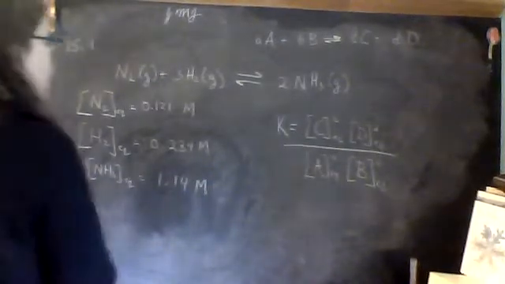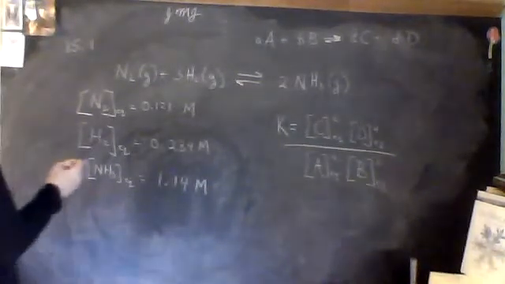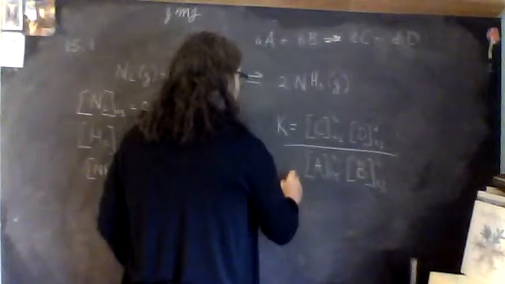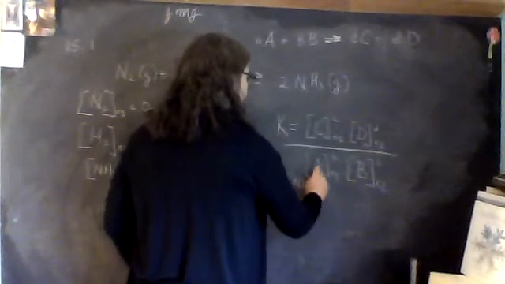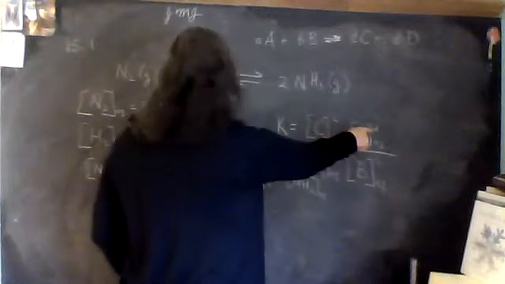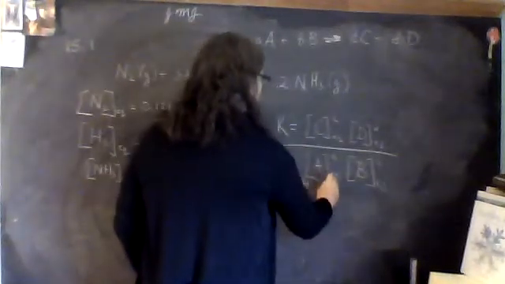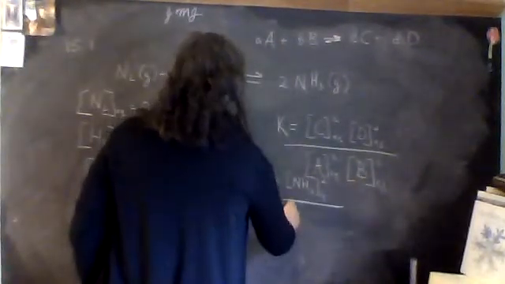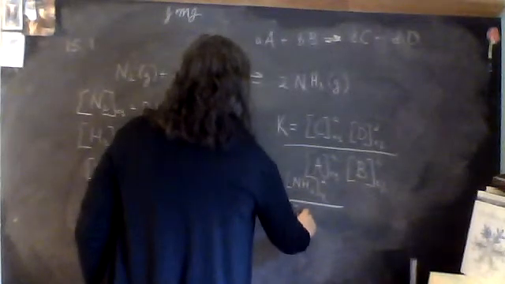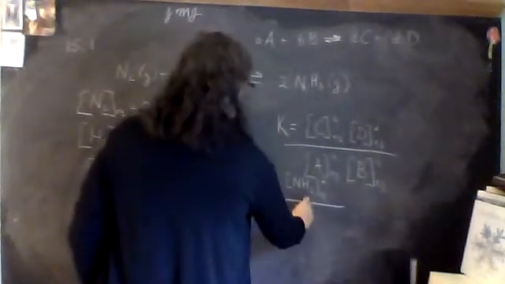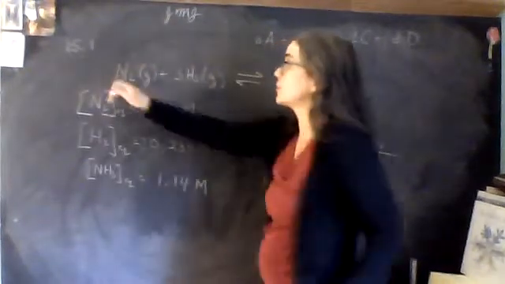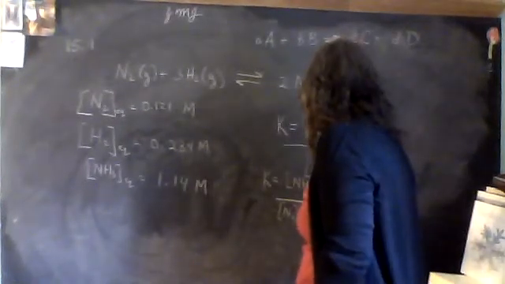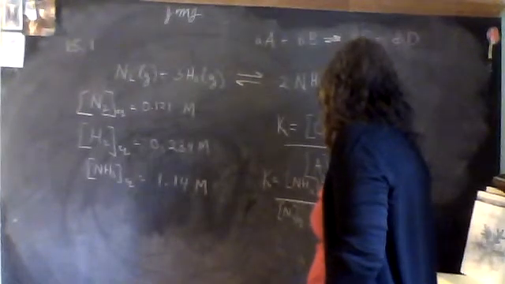So what's our equation going to look like? We're going to say that the K for this is going to equal the concentration of NH3 at equilibrium to the power of 2, over the concentration of N2 at equilibrium to the power of 1, because the coefficient of N2 here is 1, times the concentration of H2 at equilibrium to the power of 3.